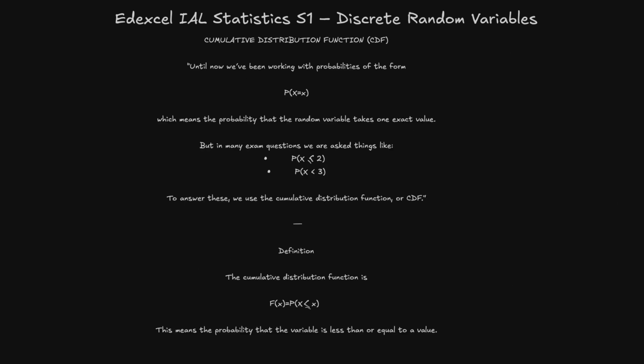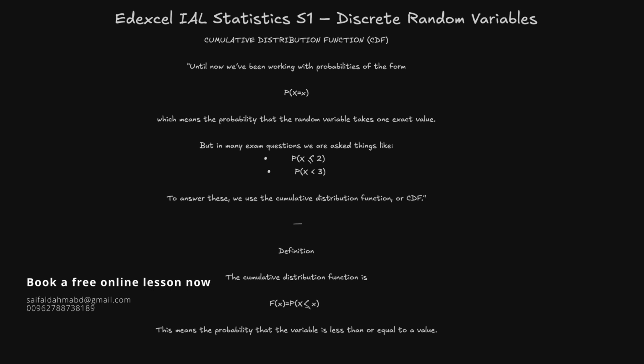And now we're going to talk about the cumulative distribution function, or CDF for short. So until now, we've been working with probabilities of the form P of X equals x, which means the probability that the random variable takes one exact value. But in many exam questions, we are asked things like the probability of X being greater than or equal to 2, the probability of X being less than 3, and so on.